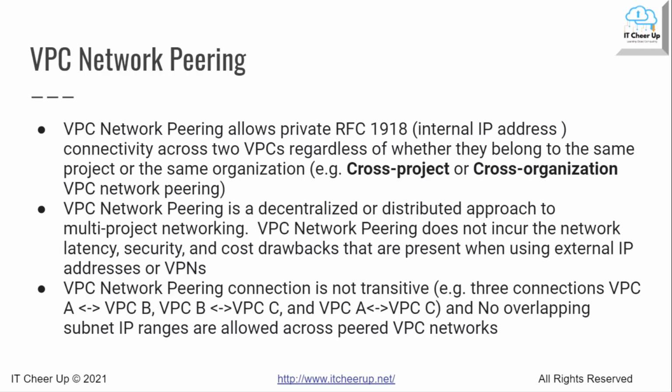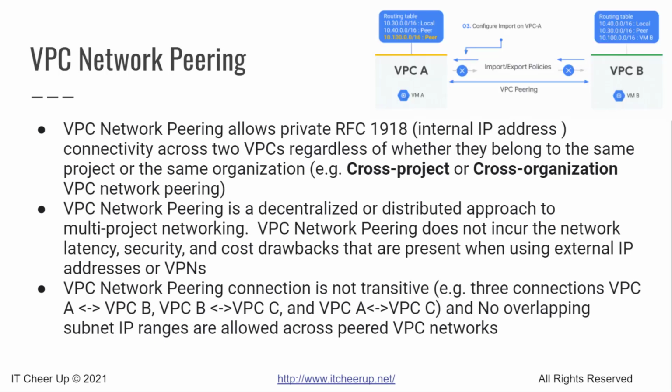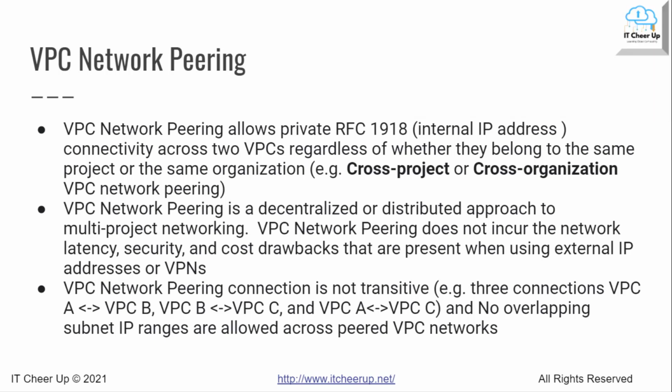Let's take a look at the VPC network peering first. VPC network peering allows private RFC 1918 connectivity across two VPCs, regardless of whether they belong to the same project or the same organization. For example, you can set up a cross-project or cross-organization VPC network peering.